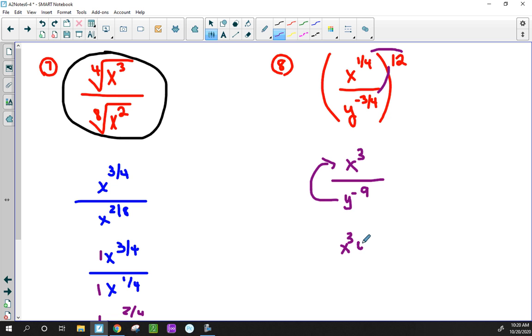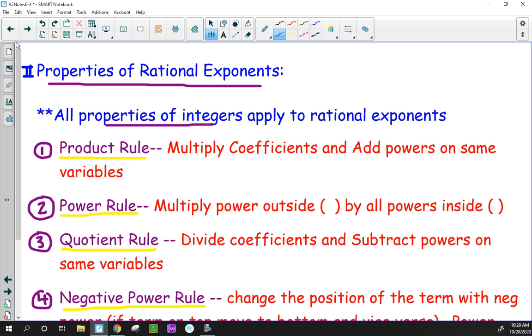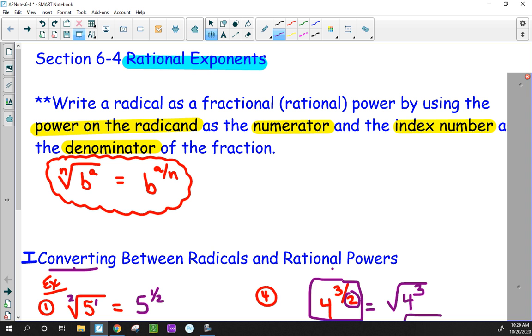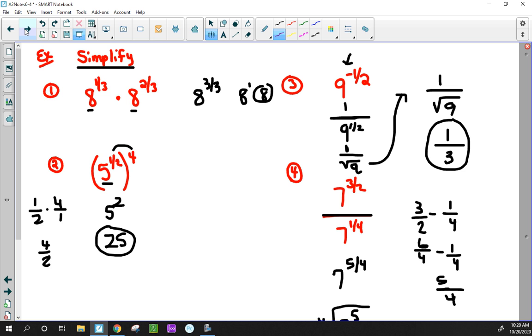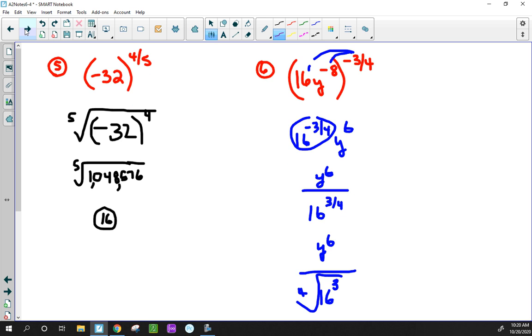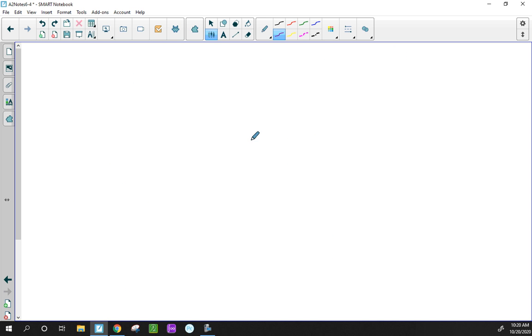So it's now going to be y to the positive 9. And that is a good answer. Okay, and that's how you convert between rational and radicals. And then there's all kinds of rules, and there's all kinds of different types of problems they'll give you. Just make sure that you simplify as much as you can.